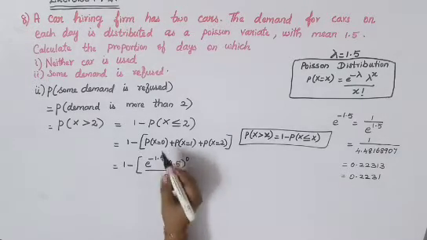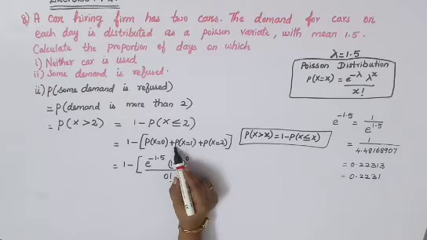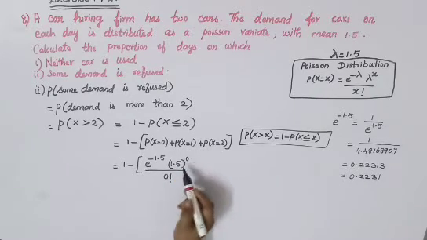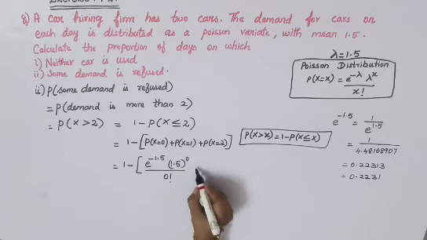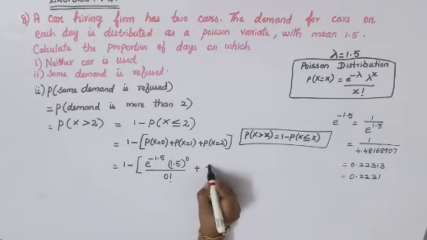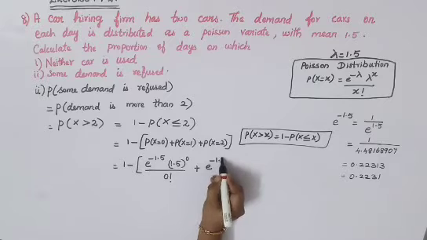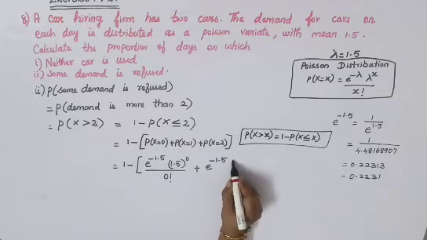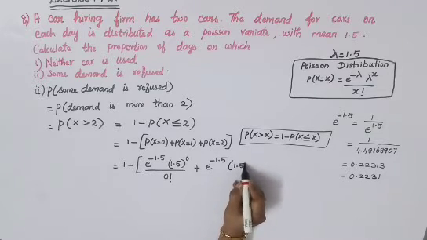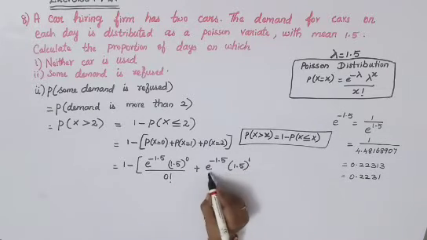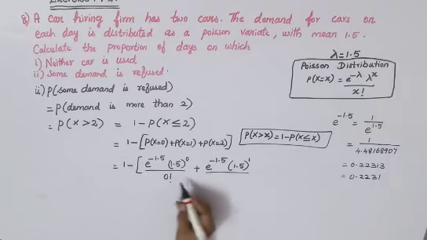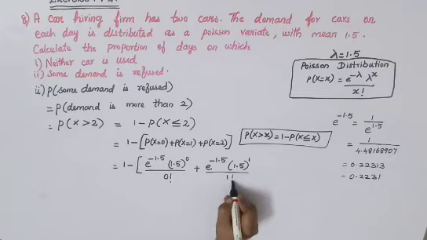Your second part is P of X is equal to 1, so wherever you have 0, just put 1. That is plus e power minus 1.5 as it is, 1.5 power 1, divided by 1 factorial.